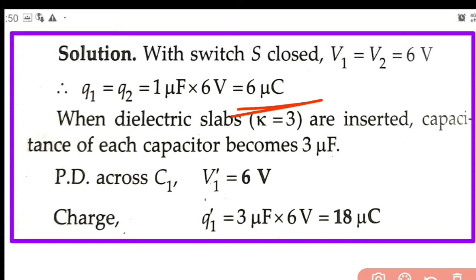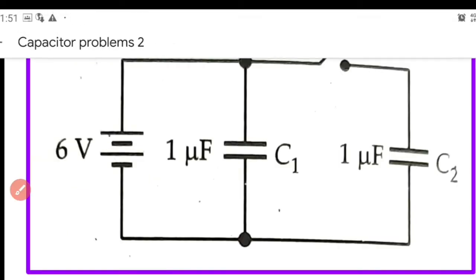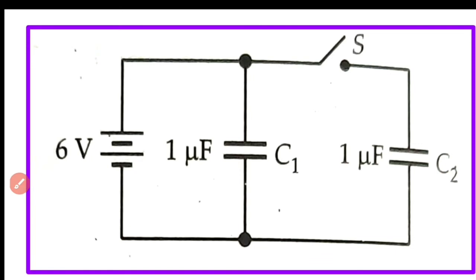Now two changes are taking place. One is in both the capacitors, dielectric slab is introduced and the switch is open. Okay, so when the switch becomes open, we will see what happens. When the switch is open, now the battery is connected only across C1.